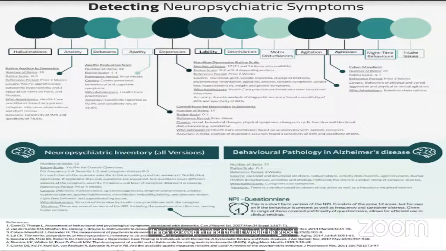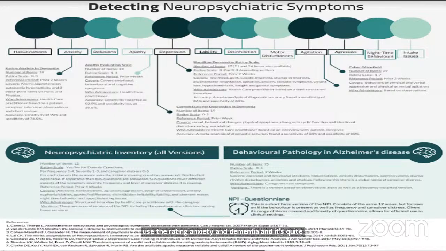So for anxiety, we have the Rating Anxiety in Dementia scale. That's a specific scale, different from the regular assessments that we use for anxiety. But for dementia patients, we use the Rating Anxiety in Dementia, and it's quite applicable for people with dementia.